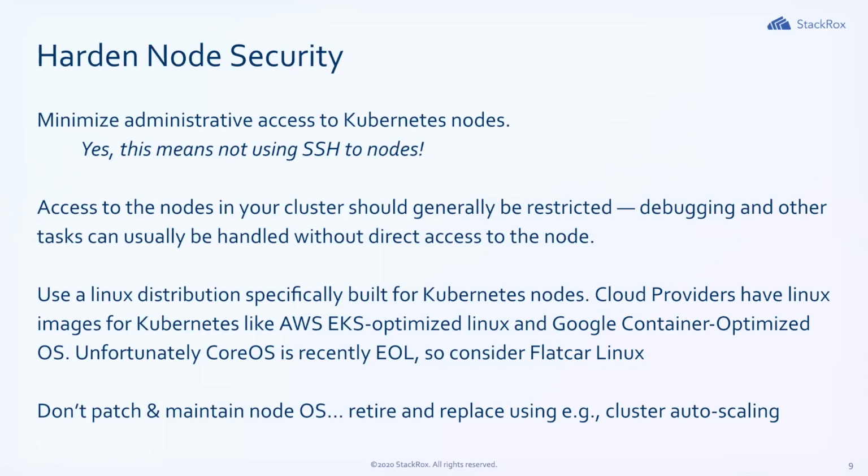The last one may also be controversial. I've seen a lot of organizations doing this pretty successfully, but it can get a little bit tough to establish the process. It's kind of an anti-uptime goal. Instead of patching and maintaining running instances, like SSHing in and doing an apt update, you can drain the pods from these nodes, retire them, and remove them from the cluster using something like cluster autoscaling or managed node groups in Amazon.